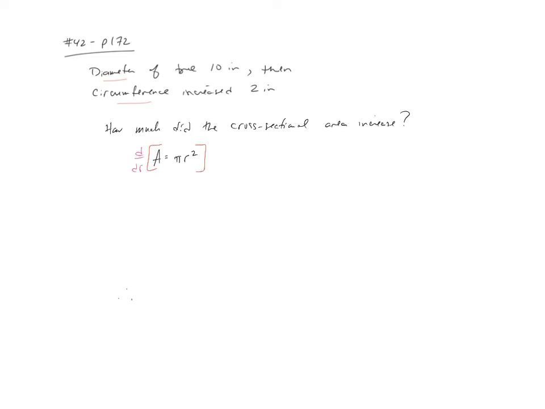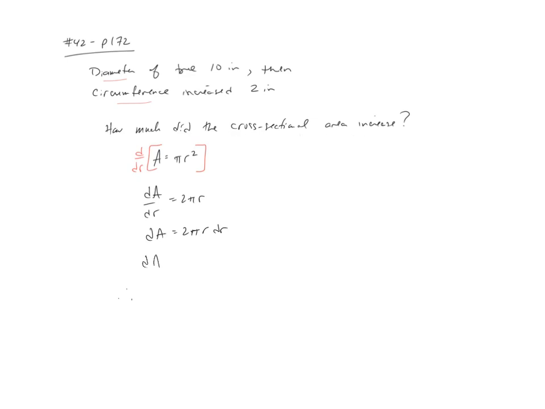All right, so I'll take this thing now, and I'll do pretty much the same thing I did last time. I'll d/dr both sides, which gives me the change of area with respect to the radius, and that's going to be 2 pi r, and moving the dr to the other side, I've now got an opportunity to solve for that change of area that I've been looking for, right? How much did the cross-sectional area increase?